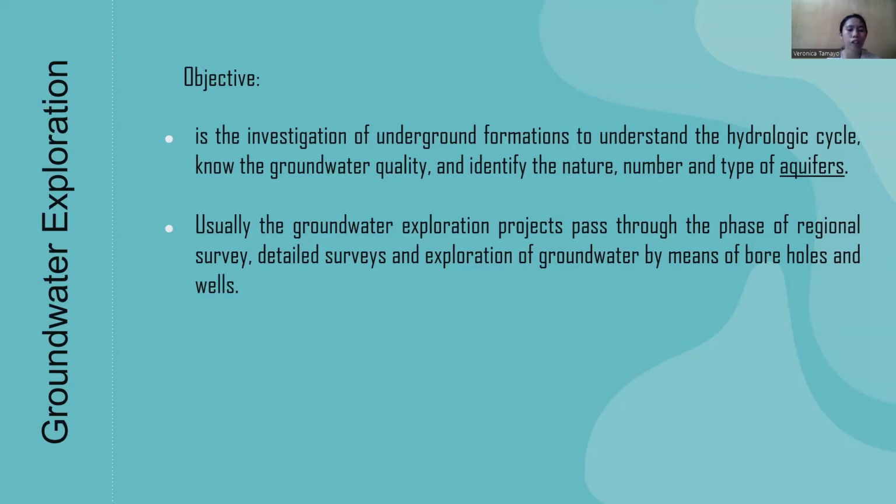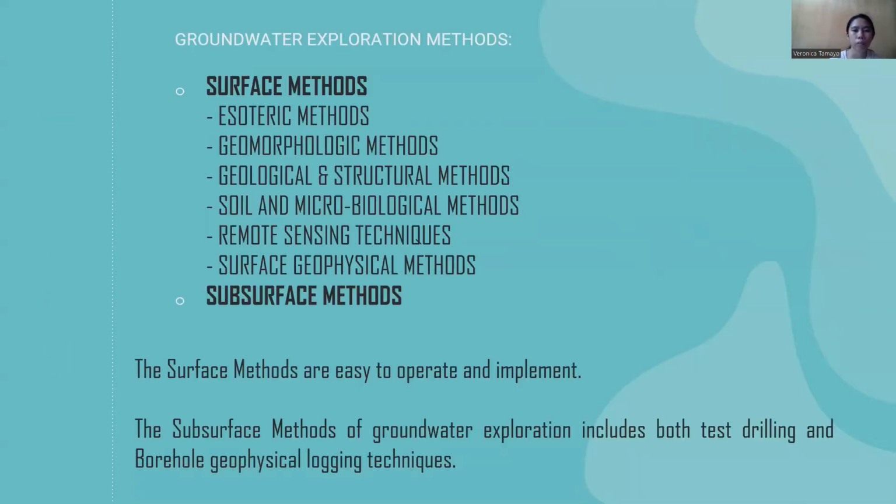Groundwater exploration is attempted through either direct or indirect methods. Test drilling is the direct approach to find out the resource. The methods are classified into surface and subsurface methods. First, we have the surface methods, which are easy to operate and implement.